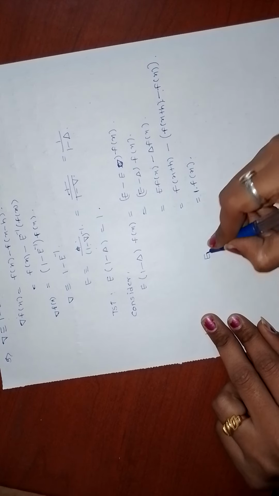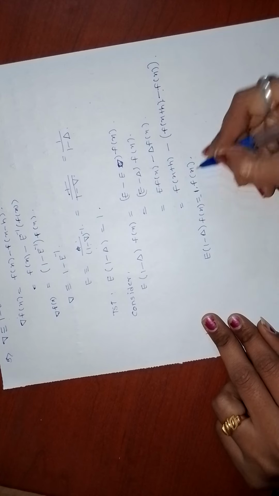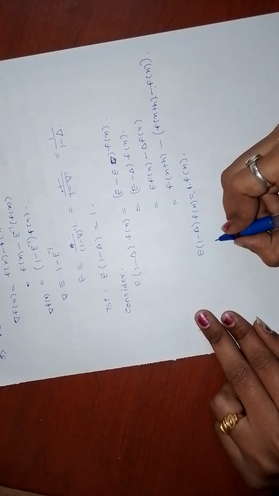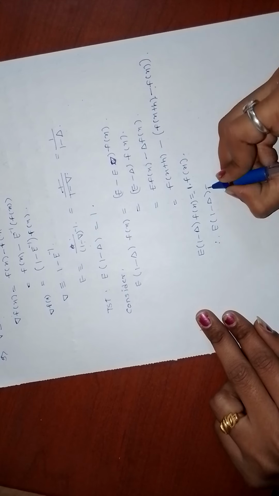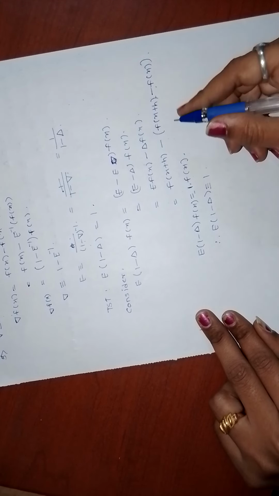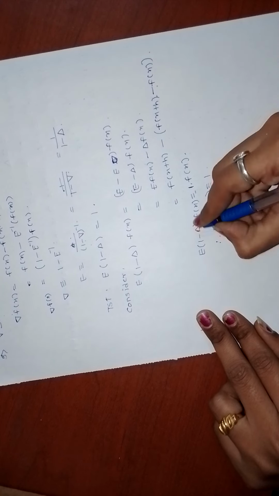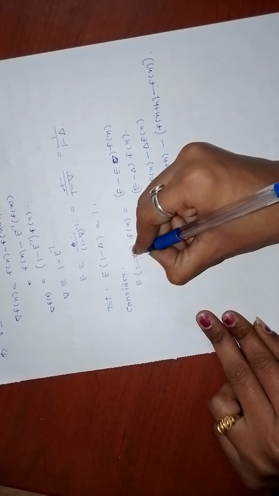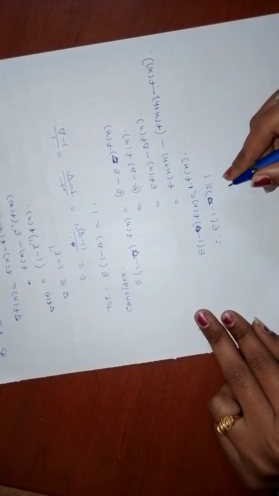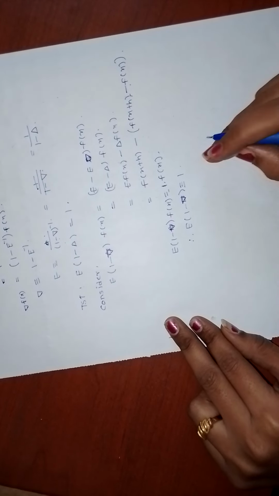And E into 1 minus delta f of x is 1 into f of x. Therefore E into 1 minus delta is congruent to 1. Here E into 1 minus del is congruent to 1.